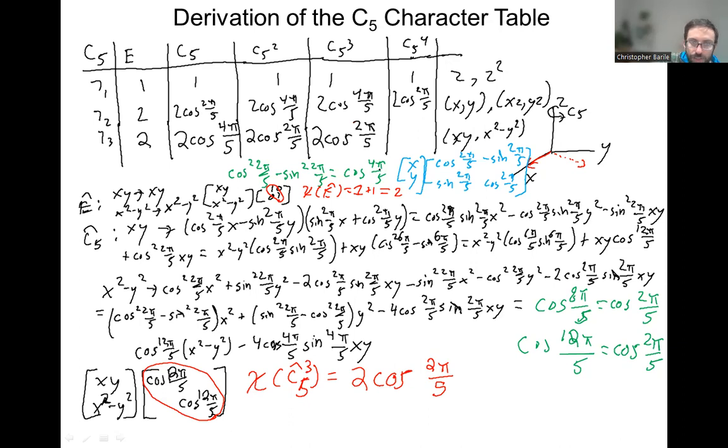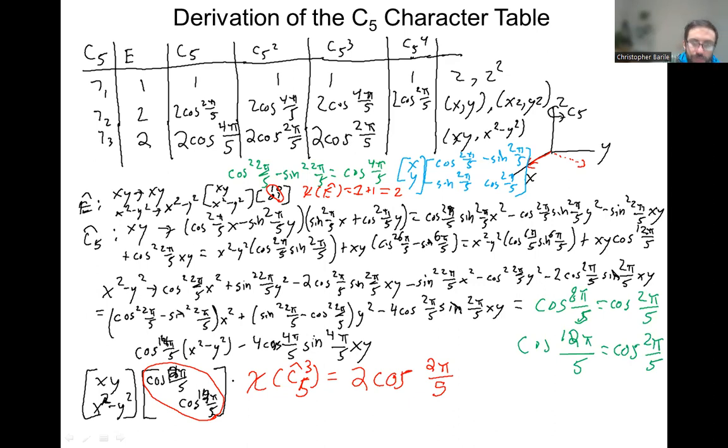All right, last one, same sort of logic, but now we're doing C5 4 times. So if one time was a 2 pi over 5 rotation, 4 times is going to be an 8 pi over 5 rotation. You go through this cosine 2x minus sine squared 2x business. So that's going to get you a 14 pi. I hope you see the pattern by now, right?